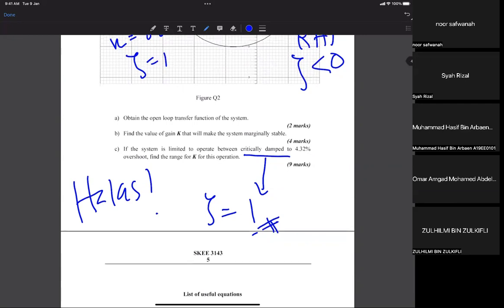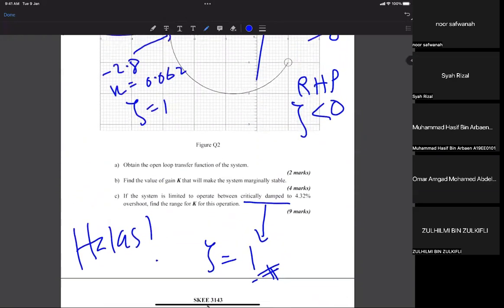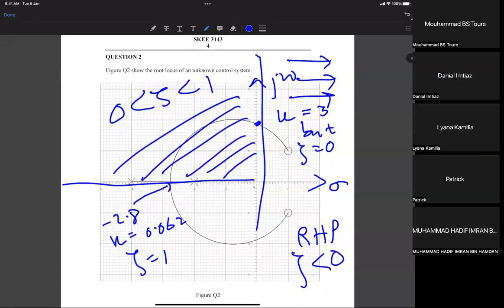Understood? Matthew tak datang. Nur Safwana, ada soalan? Ada, Doktor. Any question, Patrick?